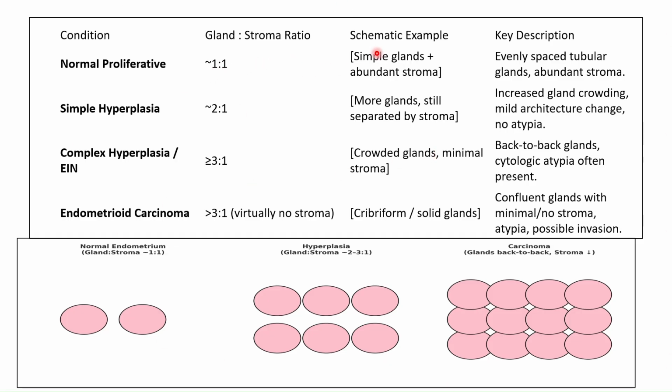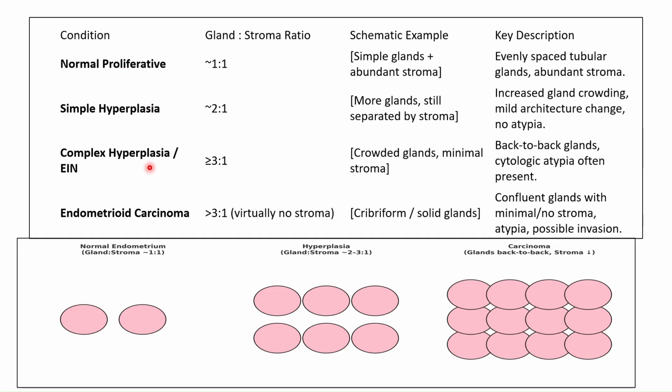Here there are glands plus abundant stroma, and these are the evenly spaced tubular glands and abundant stroma. So here we can diagrammatically see glands with stroma are equally present.